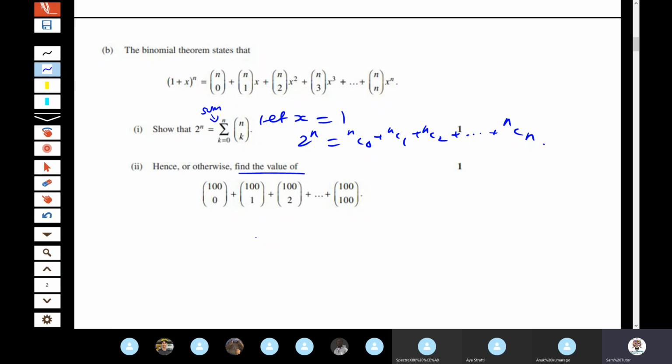Anyone see what's happening with that one? Compare it. I thought it would be harder. What's happening? It's n, isn't it? 100. So the answer is 2 to the power of n, which is 2 to the power of 100.